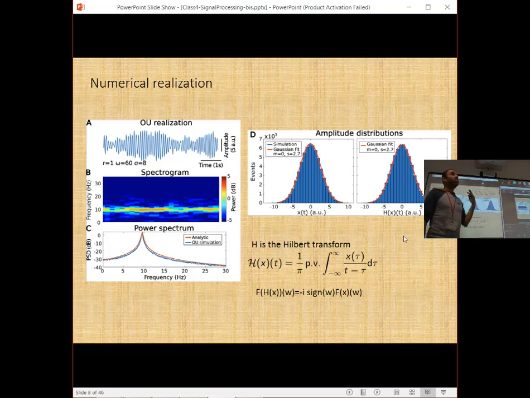What is the instantaneous frequency? If I write this as the real part of exponential i phi of t, phi of t is a phase. So phi of t is omega t.